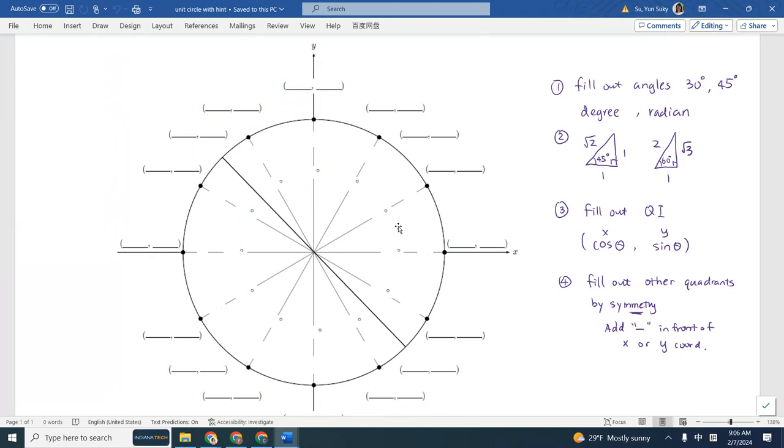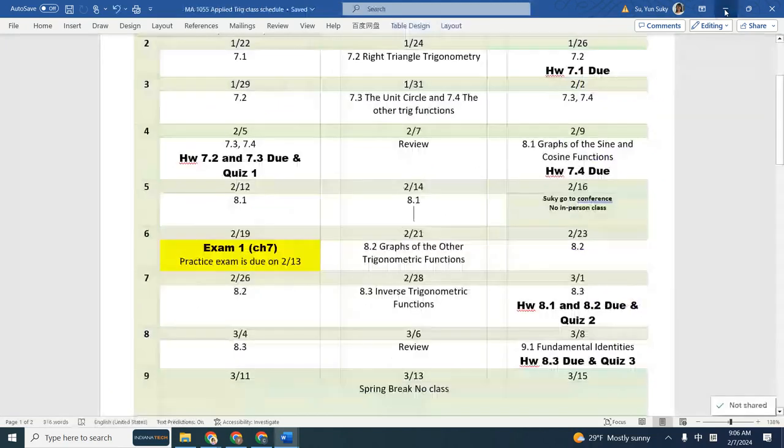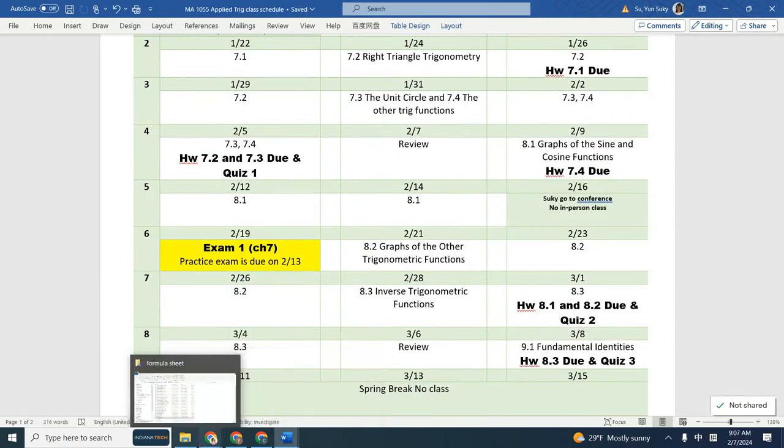So come to my office. I will help you. Clear, everybody? If you haven't taken the unit circle worksheet, please come to see me. All right. So our exam is postponed to Monday, February 19th. So you have more time.